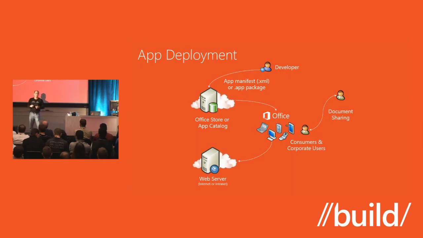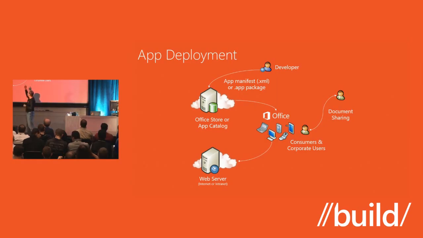Or you can actually create a .app package. And this is going to be covered in more detail in the SharePoint session. We do have an option to package more than just a simple app for Office in a single packaging unit. You can actually put multiple apps for Office plus any SharePoint functionality that you want, including workflows, document libraries, VCS connections, all in one package, and then use that to deploy to SharePoint.